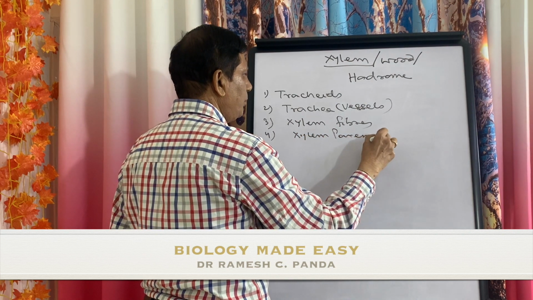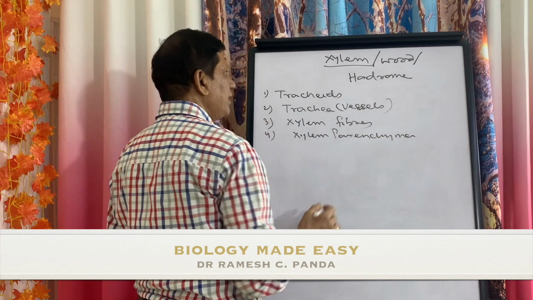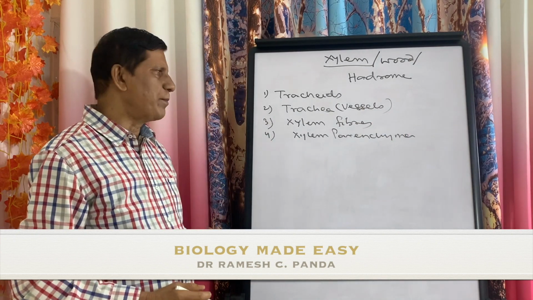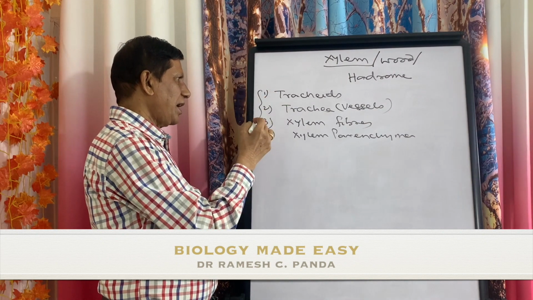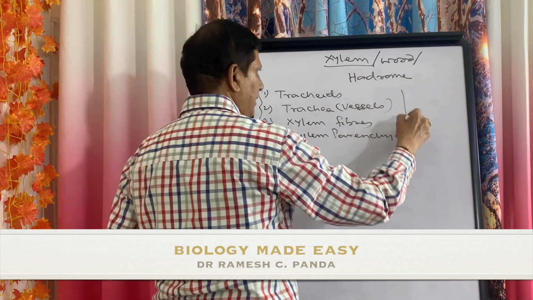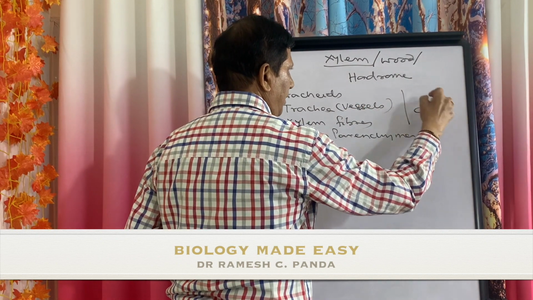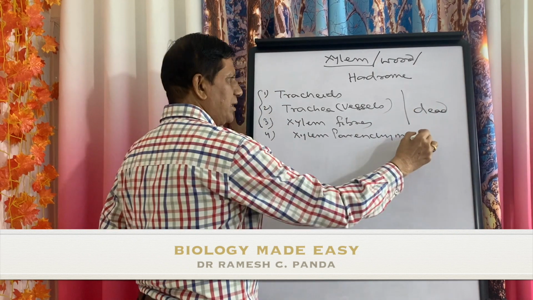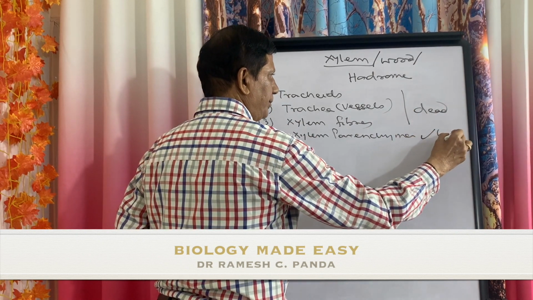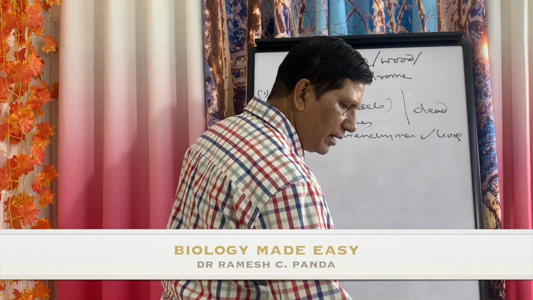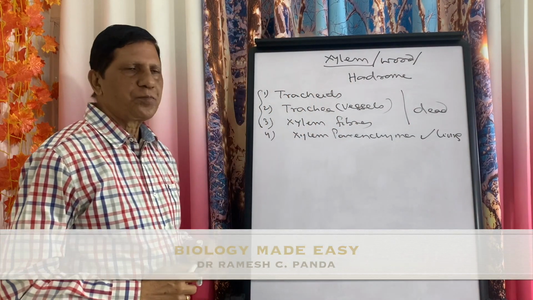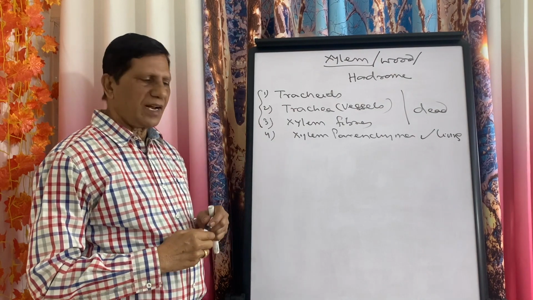These are the four different types of cells present in xylem. Out of these four, the first three are dead tissues, while the last one is the only living one. Now we have to discuss the structure of each one. Let us discuss first the tracheids.